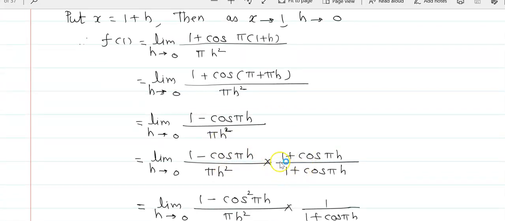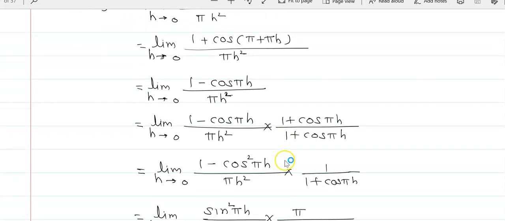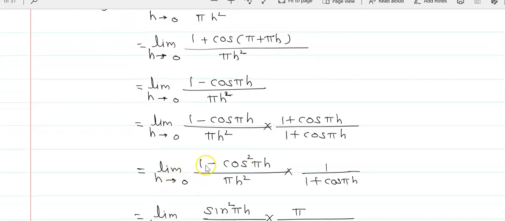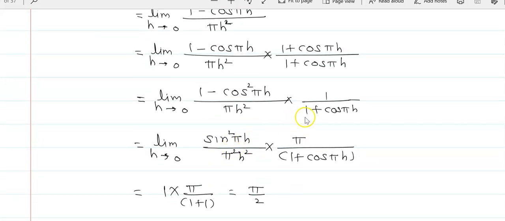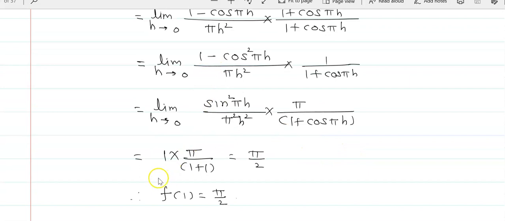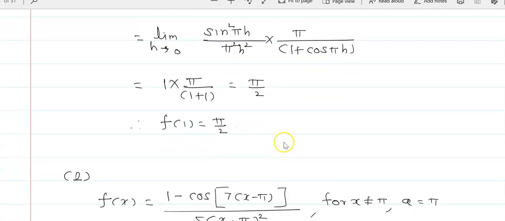It becomes limit h tends to 0 of (1 minus cos square pi h) upon pi h square into 1 upon (1 plus cos pi h). That is sin square pi h upon pi square h square into pi upon (1 plus cos pi h). The value of this limit is 1 into pi upon (1 plus 1), that is pi upon 2. f(1) is pi by 2.